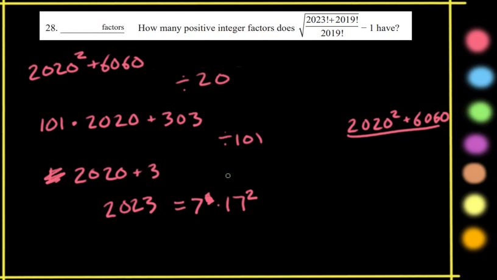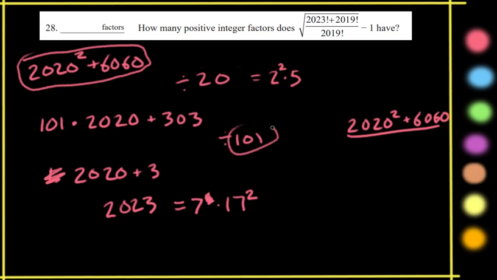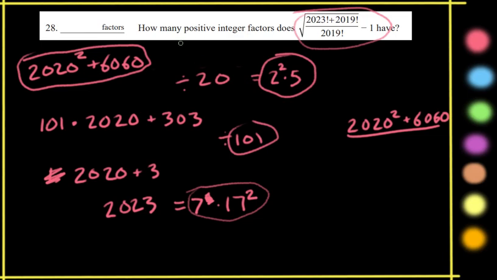So if we do the prime factorization of this whole thing, basically we've got 20 prime factorized as 2 squared times 5, and then we've got a 101, and we've got a 7 and a 17 squared. So these are all the prime factors of this big thing here. And if we want to know how many positive integer factors it has, you take the exponents of all the prime factors and add 1 to those numbers.